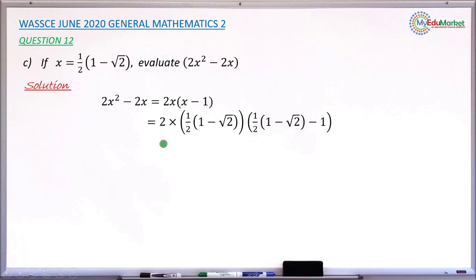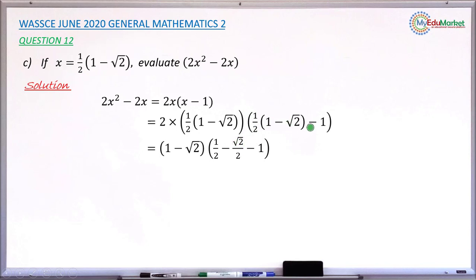We continue. You now simplify each of those brackets. Starting with the multiplication of 2 by this bracket, 2 times 1 over 2 simply gives 1, and that 1 times the bracket containing 1 minus root 2, so in the end you have 1 minus root 2 in the bracket. Moving to the second part, 1 over 2 times 1 gives 1 over 2, and 1 over 2 times minus root 2 gives minus root 2 over 2.